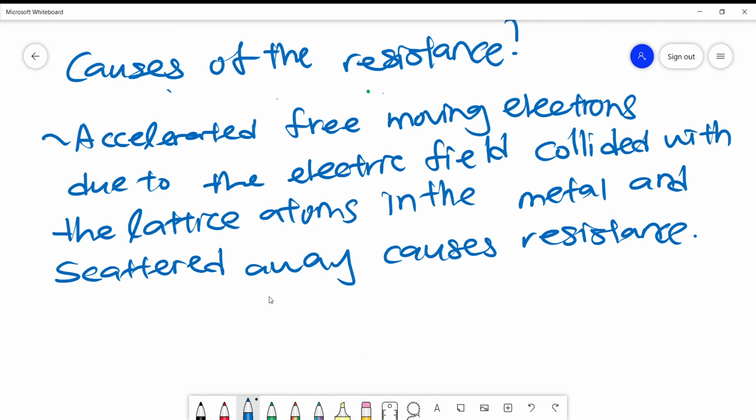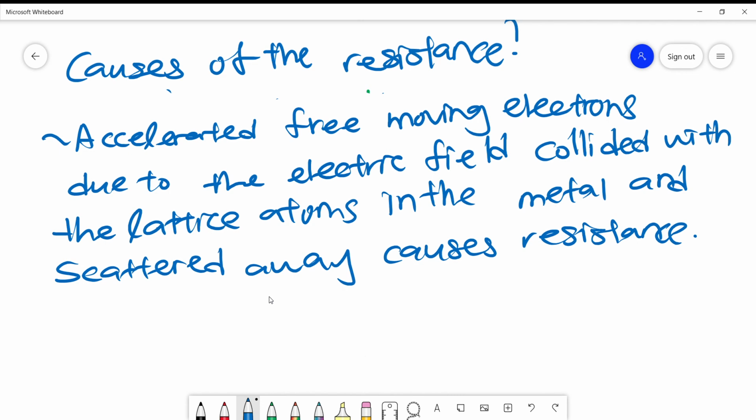So this is how the resistance is produced. And of course, as we said in the previous video, the collision causes the electric current and at the same time produces the resistance. We should not forget about the transference of energy from the free moving electrons to the lattice atoms.